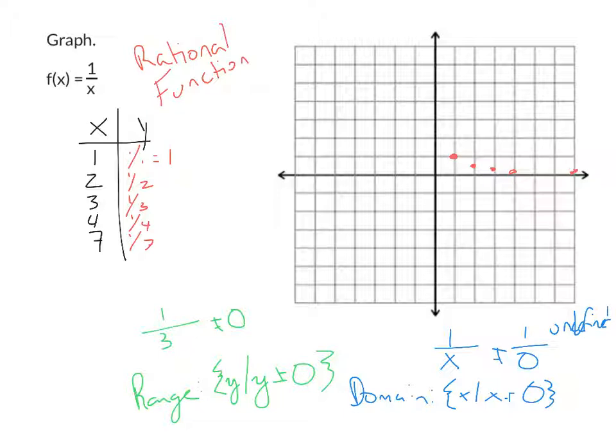Well, what's the behavior of this function as we get closer to the y-axis? What if I tried something like a half, or a third, or a fourth, and I plug those numbers in? If I plug that in, I get 1 over 1/2. Well, how do we divide fractions? 1 divided by 1/2?